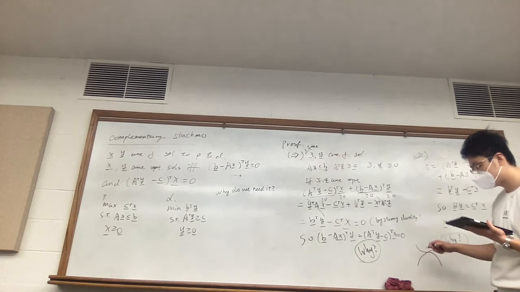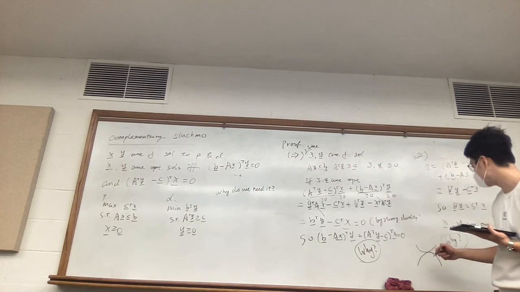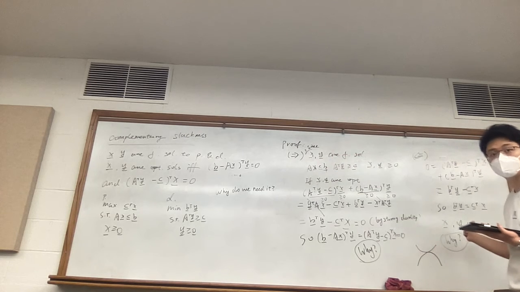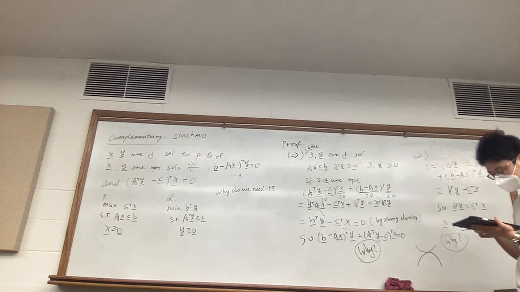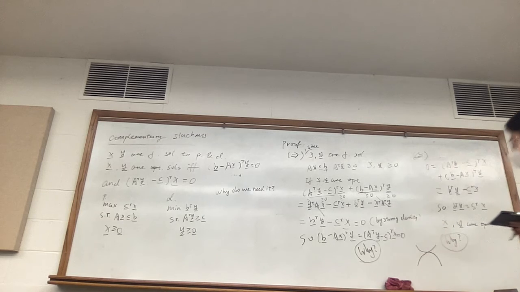So by the certificate of optimality that I introduced before, x and y are optimal. So this is the proof for complementary slackness. The main idea is that if you use complementary slackness, as long as you have the solution for the dual, then you can easily calculate the solution to the primal by these two equations. So these are for complementary slackness.